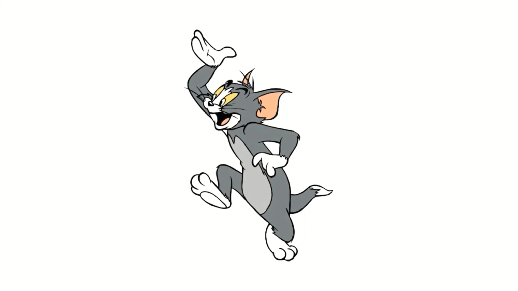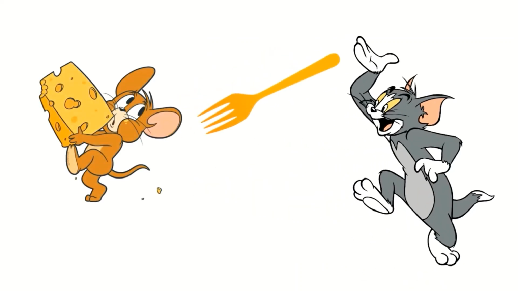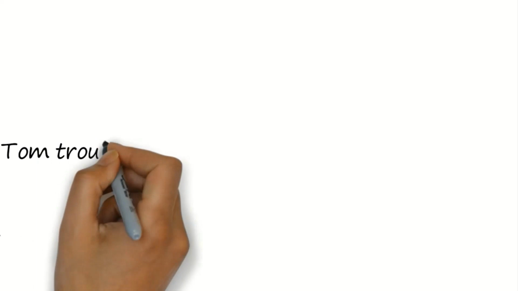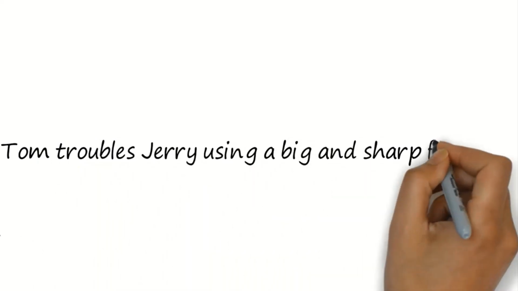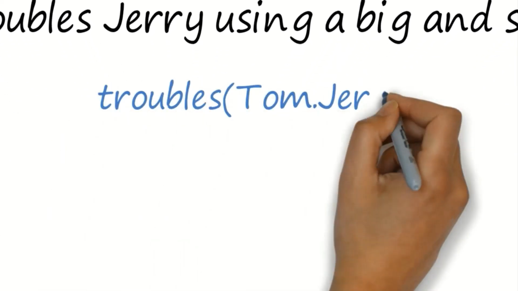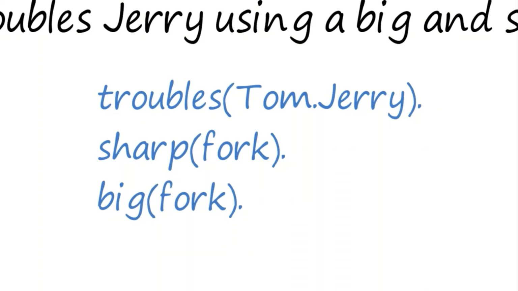Let's try an example by converting sentences into symbols and relations. Then try to answer with the help of logic. Here is the statement. Tom troubles Jerry using a big and sharp fork. As discussed earlier, we can convert it in terms of symbols and relations. Here is the representation.